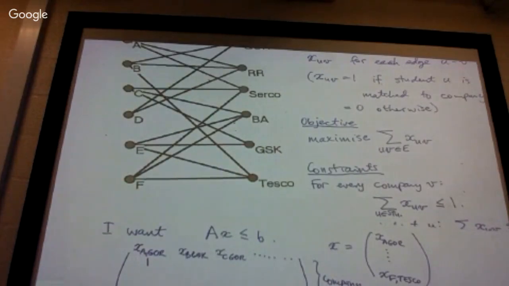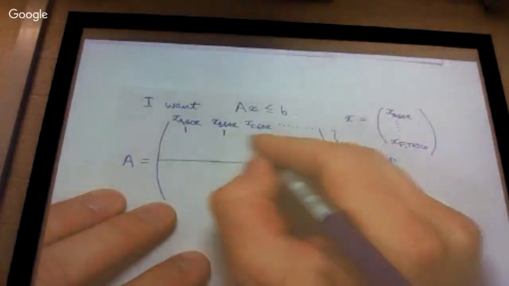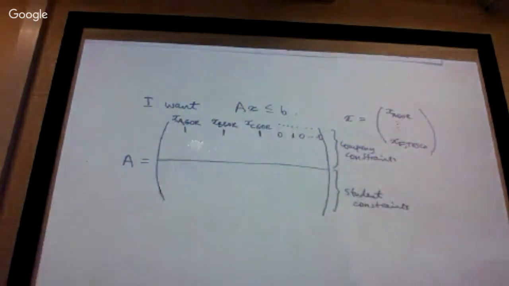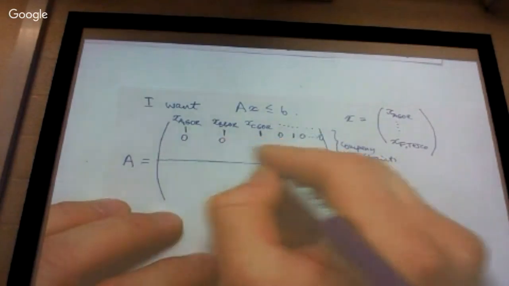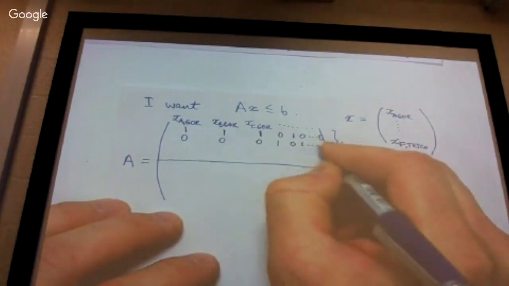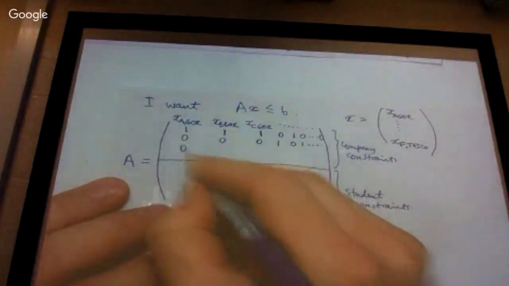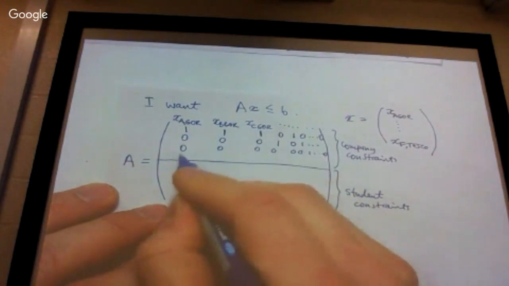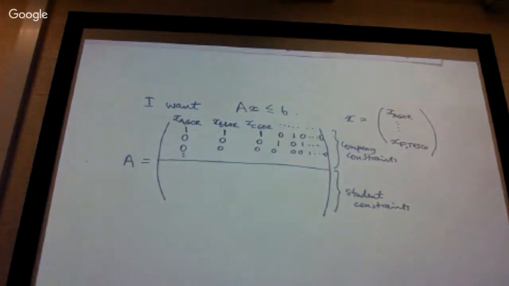So wherever there's a Go in the decision variable, you get a 1, and where there's no Go, you get a 0, and like this you get your first row. The second constraint is for the second company, so it has some 1s and 0s, and the next one has some 1s and some 0s, and so on. Like this, I get a constraint for each of the companies. Does that make sense?